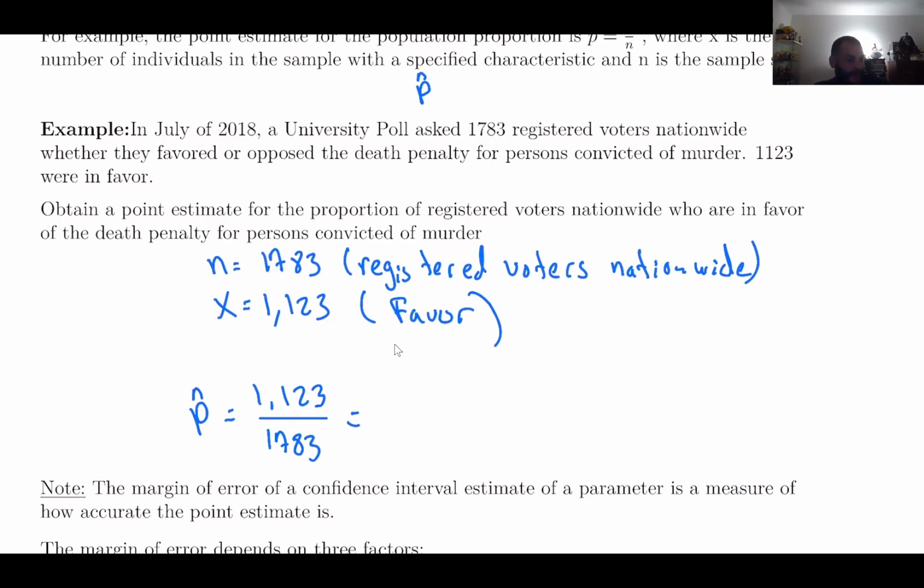So let's go ahead and do that. 1,123 divided by 1,783, and you get 0.6298. Right. And we're all done for that. Any question in regard to that point estimate?